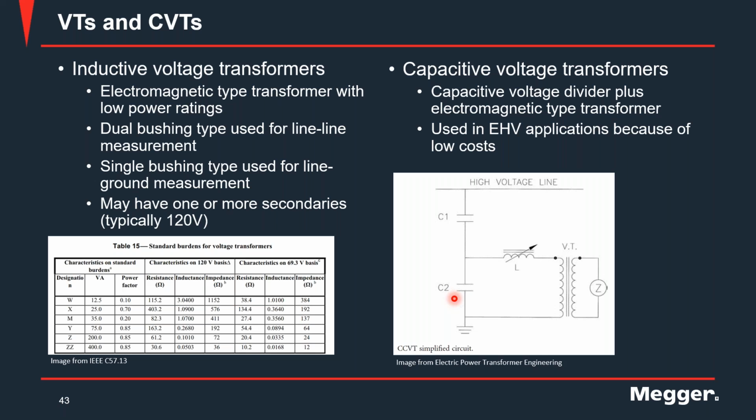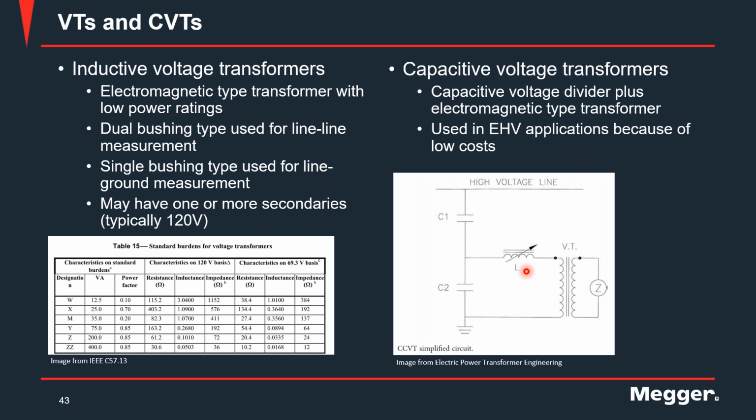When the CVT is connected in the system, the voltage that appears between the line and ground gets divided amongst these capacitor elements, and the lowermost capacitor element is connected to the EMU, the electromagnetic unit, and the voltage is further stepped down to 120 volts or 69 volts. There is a tuning reactor in series here, which takes care of ferroresonance conditions.